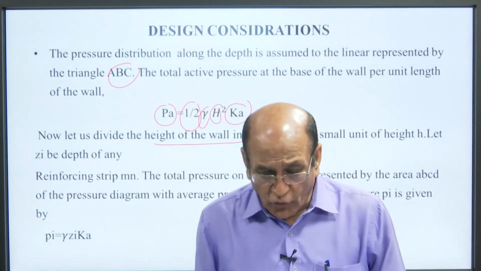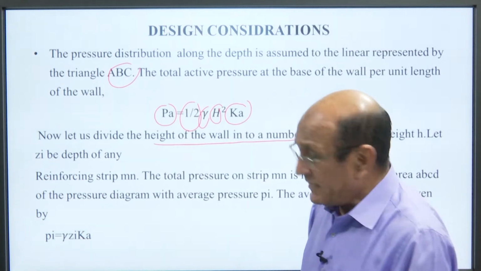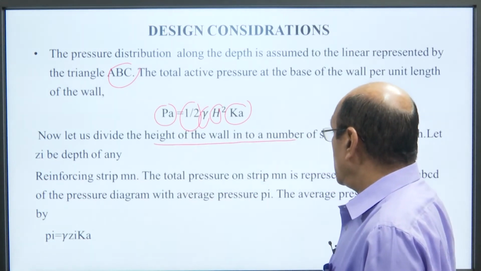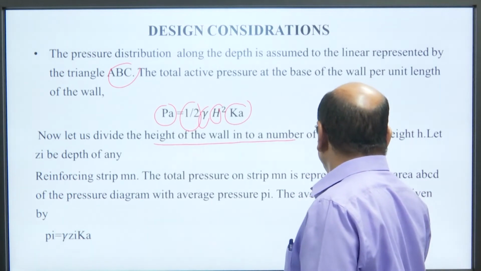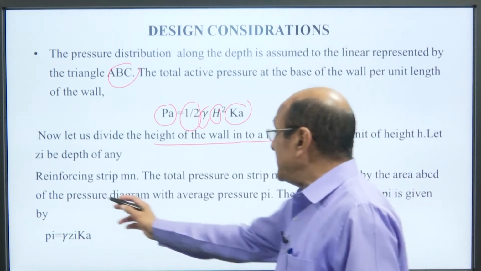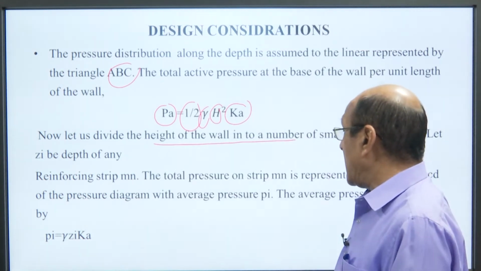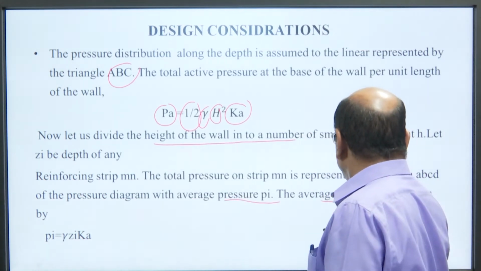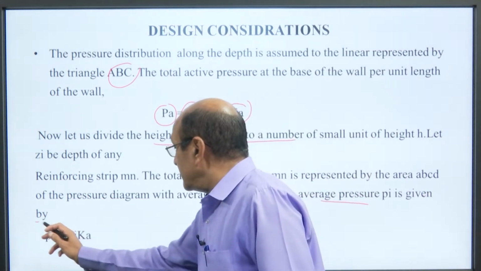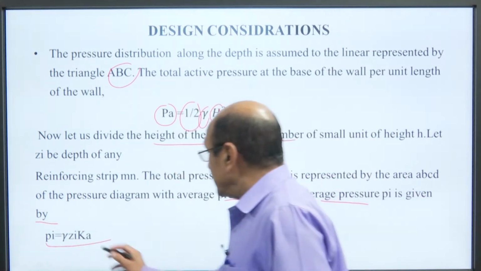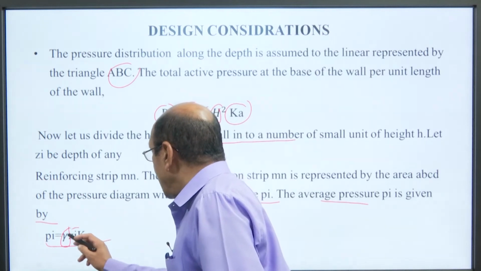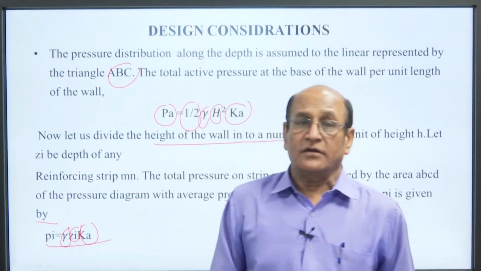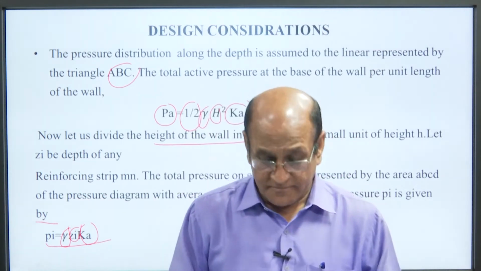The total pressure on a strip MN is represented by the area ABCD of pressure diagram with the average pressure p_i. The average pressure p_i is given by, this is p_i, this is gamma, Z_i is the depth, and K_A is the coefficient of active earth pressure.